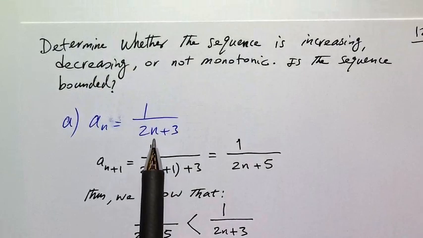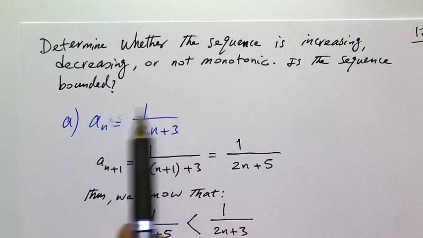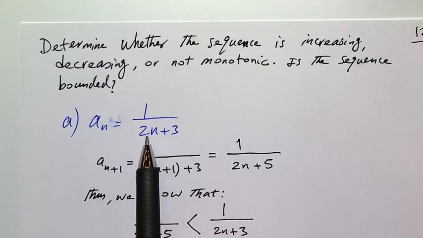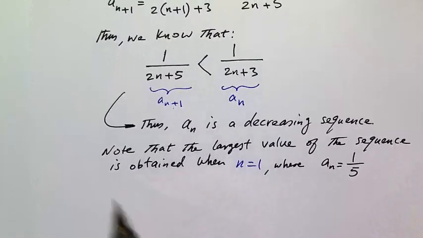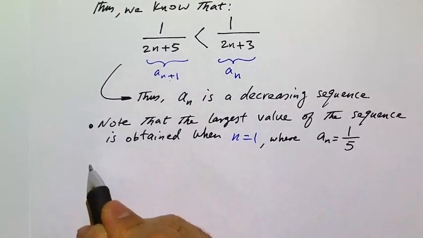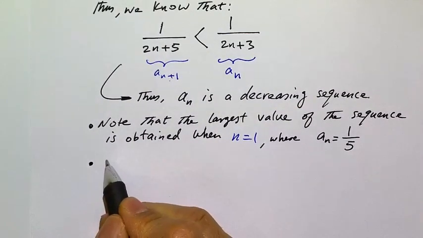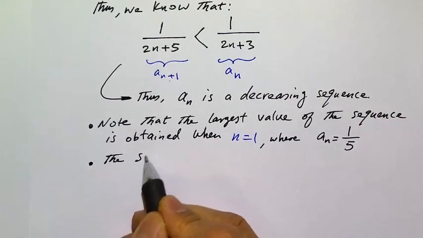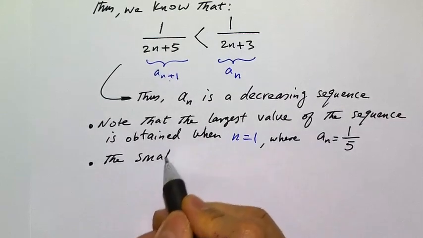If n approaches infinity, of course the sequence approaches 0. So this sequence is also bounded below. Okay, so that's one note. And then let me add another. We talked about the largest value.